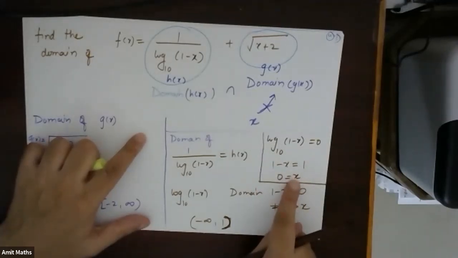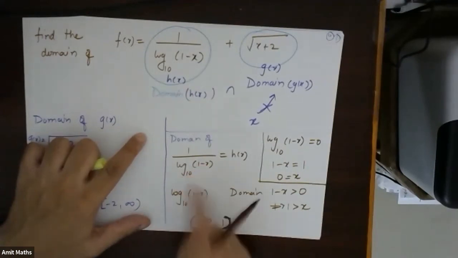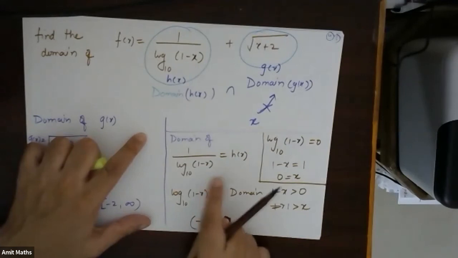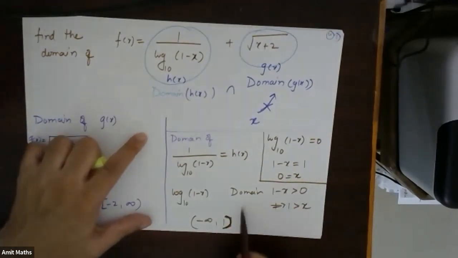For x equal to 0, this becomes log 1 base 10. Log 1 base 10 is 0, so 1 by 0 is not defined. That means I have to remove x equal to 0 from this part.